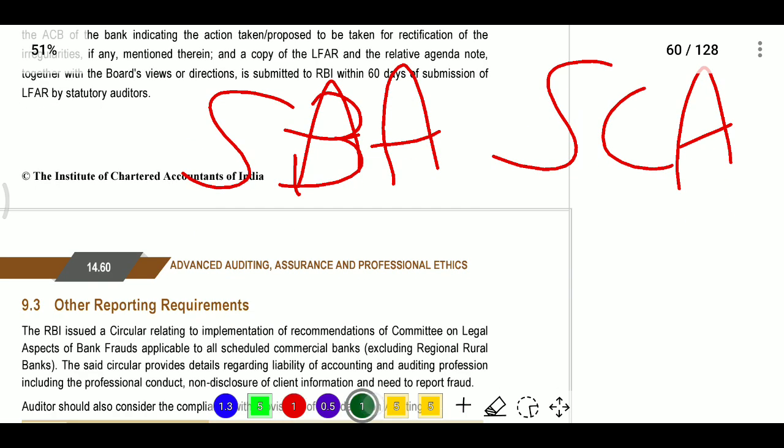LFAR means, simply, a report in the form of a questionnaire where observations or comments have to be provided on a range of matters. They select some matters, and on those matters they give some observations or comments.